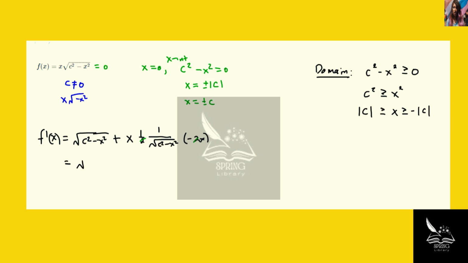So let me rewrite this: the square root of c² − x², plus negative x² over the square root of c² − x². Now let's add these into one fraction. I would need to multiply the left by the square root of c² − x², which would just be c² − x² in the numerator. Oh, and I almost forgot my negative right here.